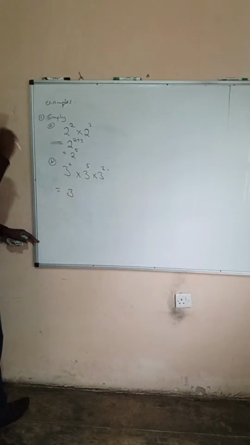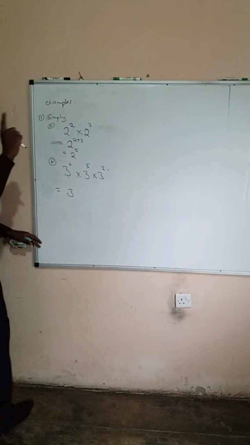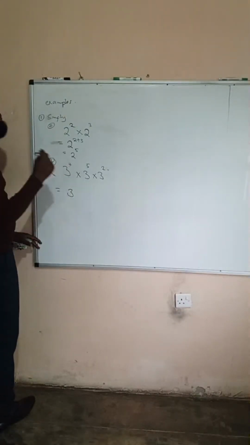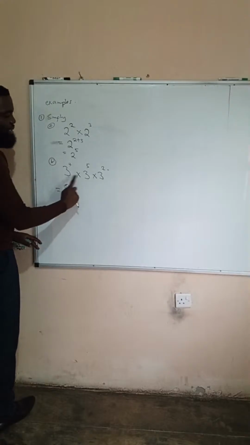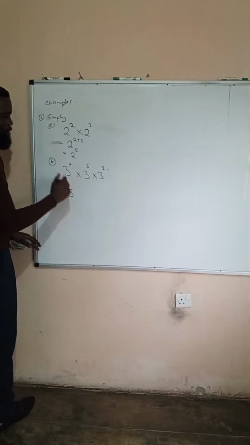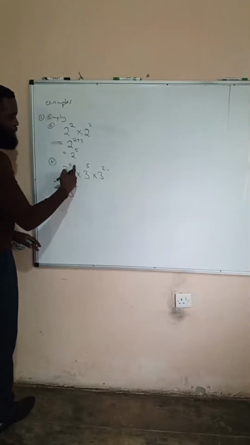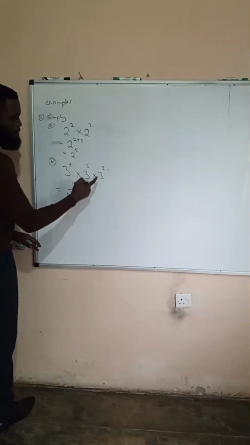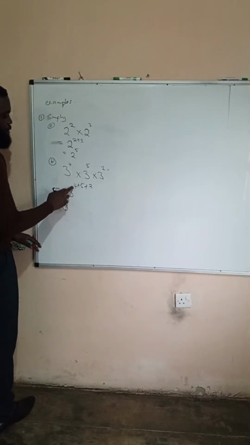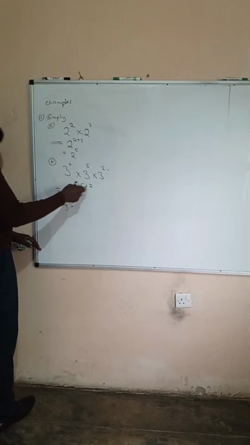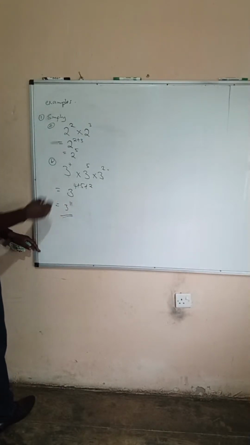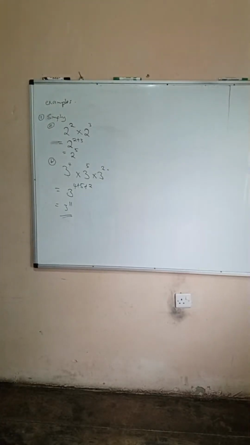This rule only works when the base is same. If here it's 2, it cannot work. It only works when these ones down are same. So you add the powers, 4 plus 5, 9, plus 2, 11. So it is 3 to the power 11. I hope you have understood.